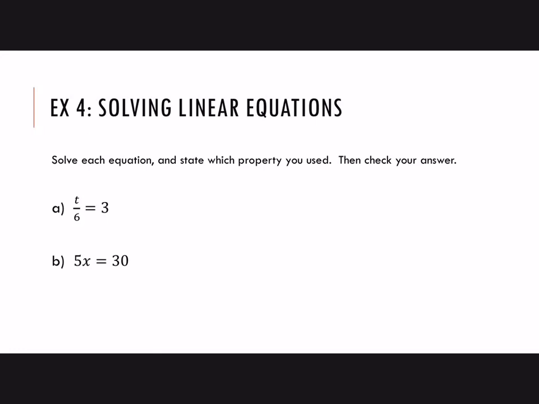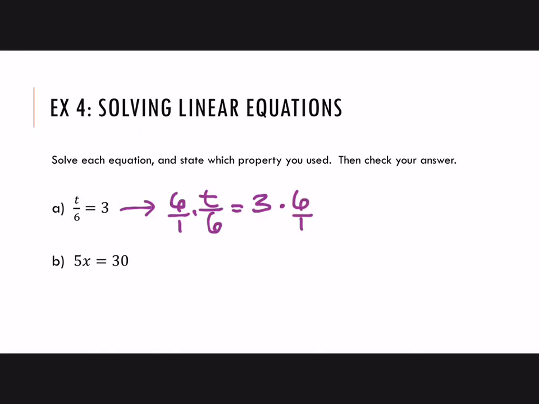So the first one, I would read this as t divided by 6 equals 3. The part that I don't like is the fact that t is divided by 6. I just want to know what t is. So we can multiply to undo division because those are inverses. I'm going to multiply by 6 over 1 on both sides.